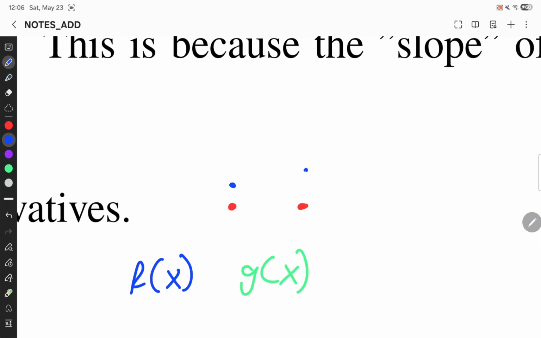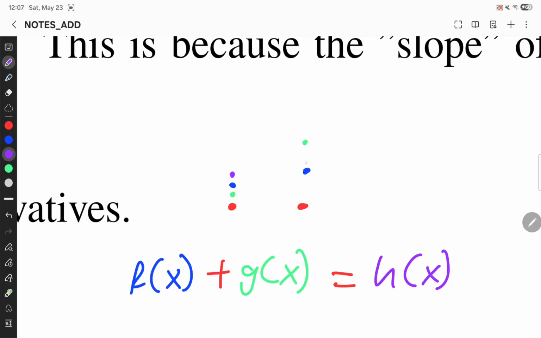One curve will be like so, the other curve will be like, for example, an exponential. When we add these two together, they will produce another third function. Get me? Another third function.